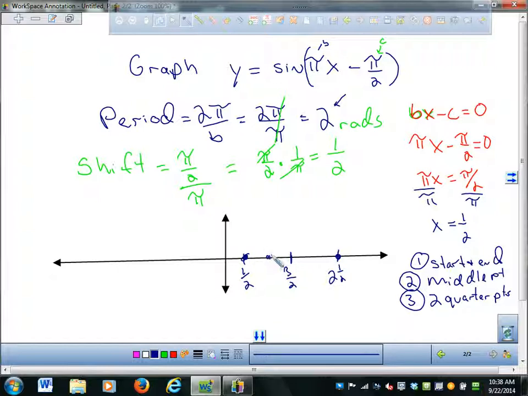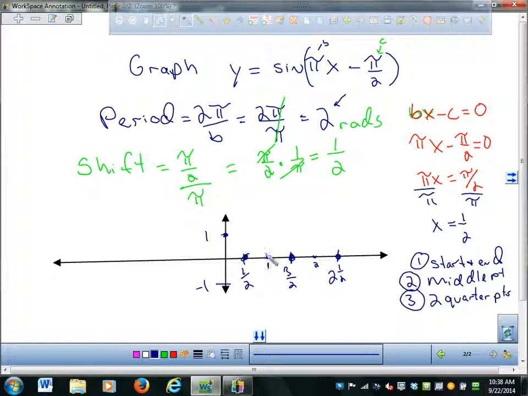Now let's find these quarter points, and so it's going to go through 0 over here. What's halfway between 1/2 and 3 over 2? 1, right? 1/2 plus 3/2 is 4/2, 4/2 is 2, and 2 divided by 2 is 1. So this is the point 1, and this is the point 2, but there it's not going to go through 0. Since this is a sine function, it's going to go up to 1 and down to -1 at those points.